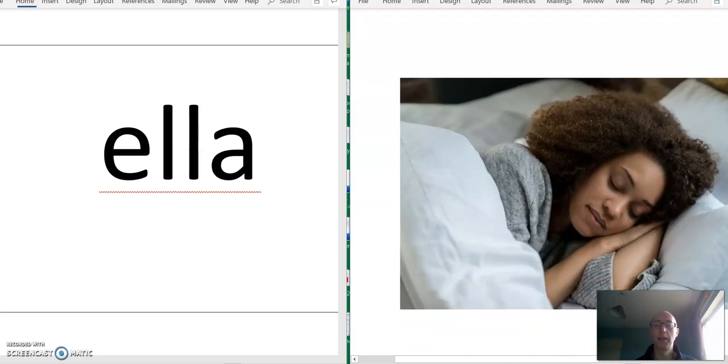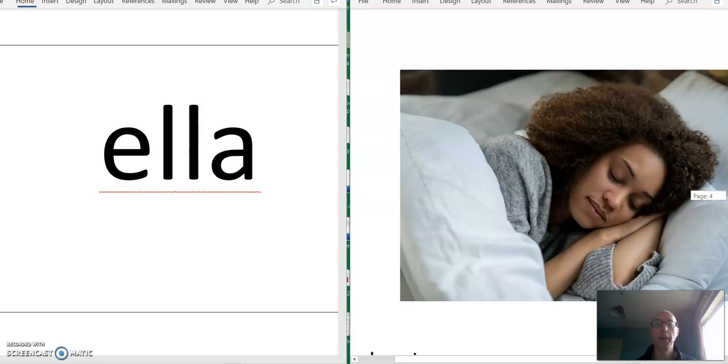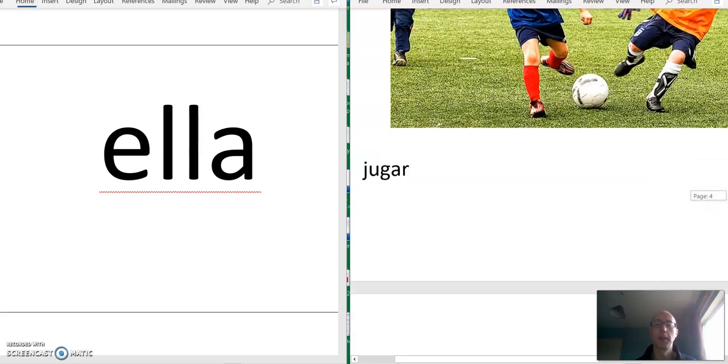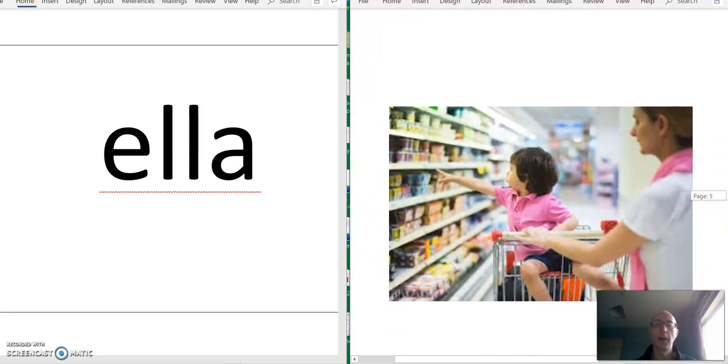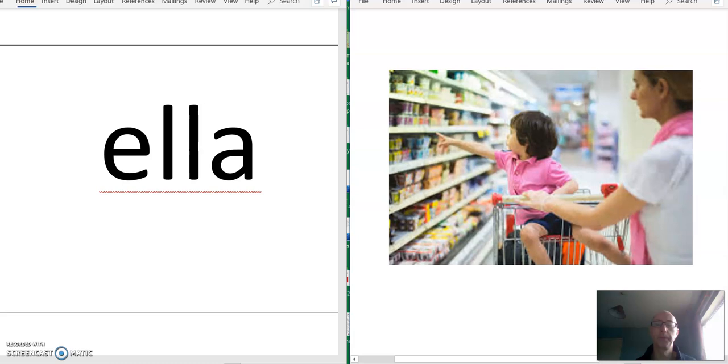Try it first before I give you the answer. Ella duerme. And try this one. Ella quiere. The E changes to IE. The U doesn't change. Quiere.